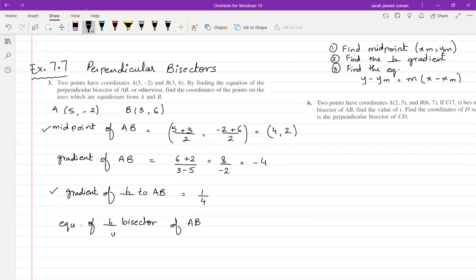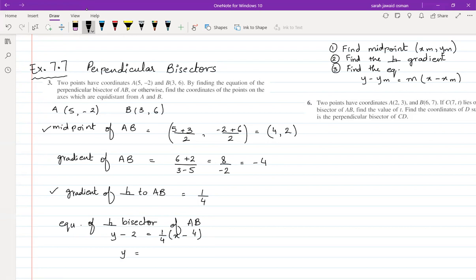So y minus y1, and in place of x1 we will insert the midpoint coordinate. y minus 2 is equal to m, the gradient of the line, which was 1/4, times x minus 4, again the midpoint x.